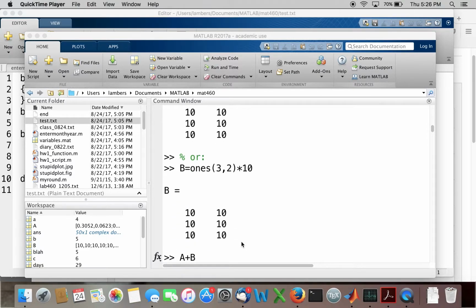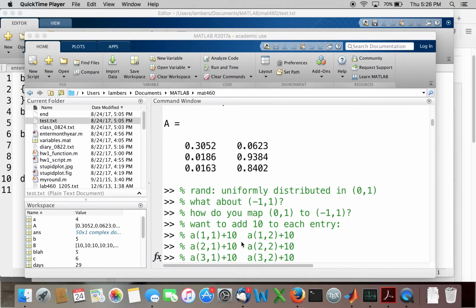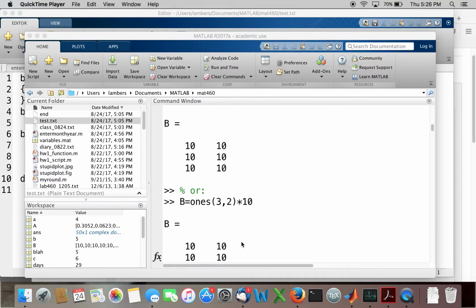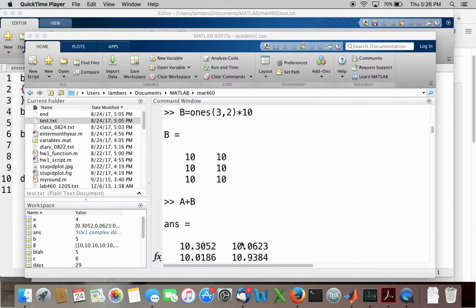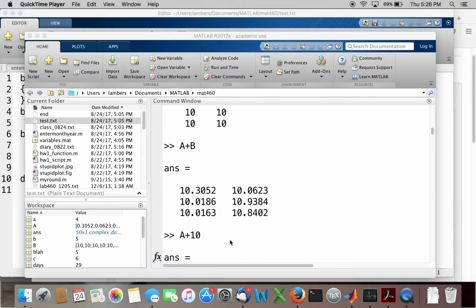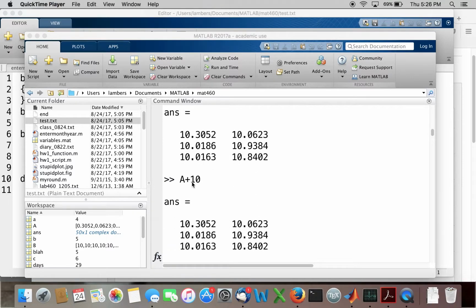So now I can take my random matrix from before, A, and my matrix of all 10s, B, and add them together, and now I have random numbers between 10 and 11. But I don't have to do it this way. I can also just add 10, like that, and get the same effect.